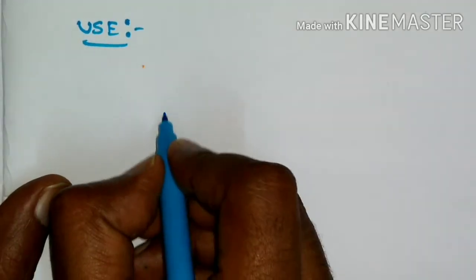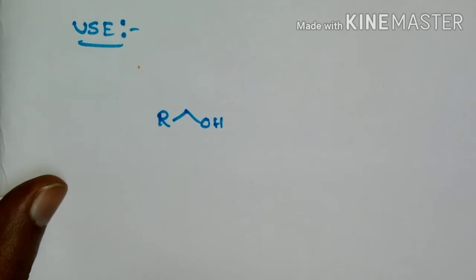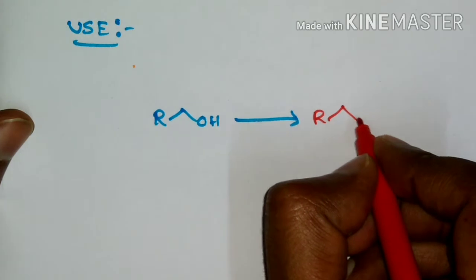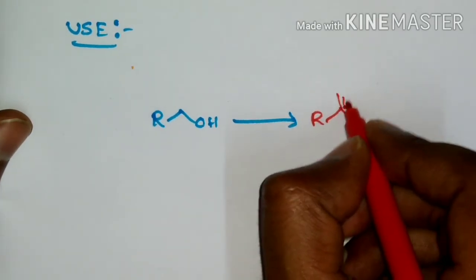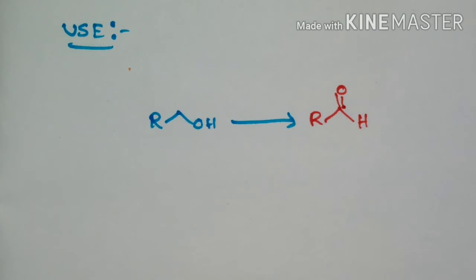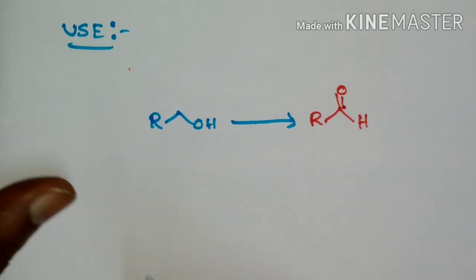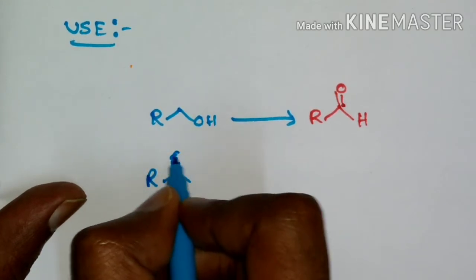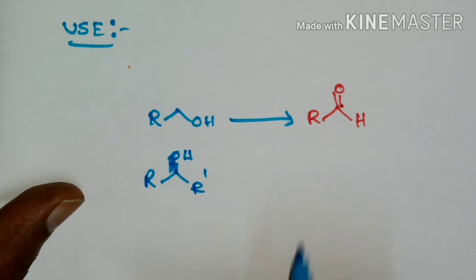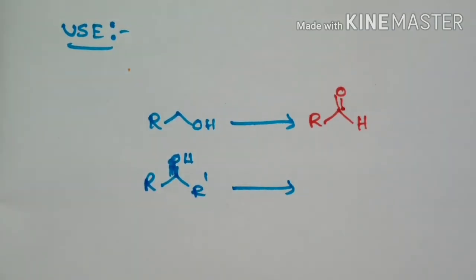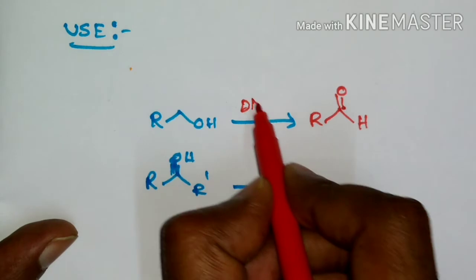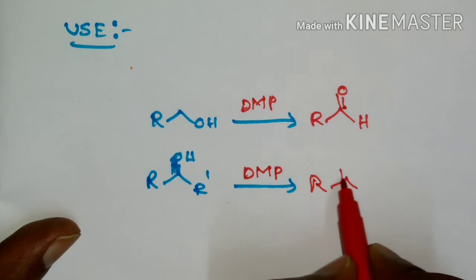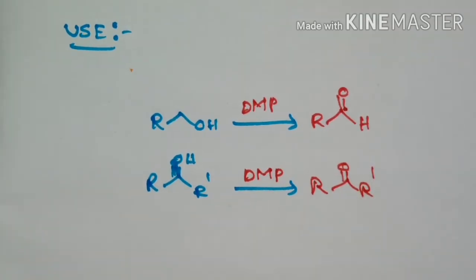So it is going to oxidize primary alcohol to the corresponding aldehyde. If we take a secondary alcohol and treat it with Dess-Martin periodinane, it is going to give the corresponding ketone.